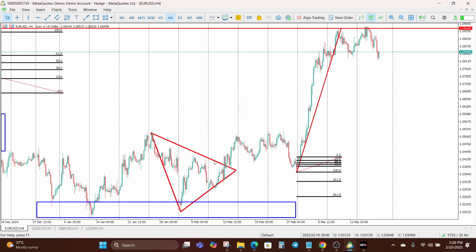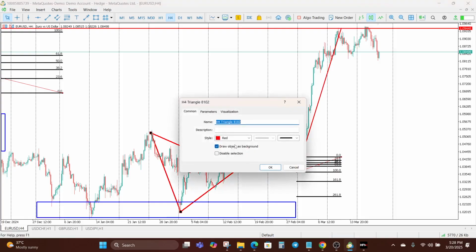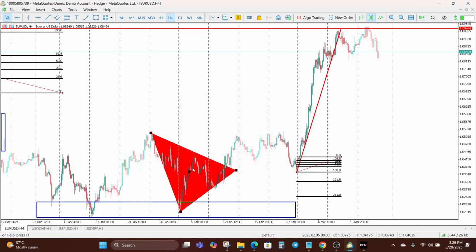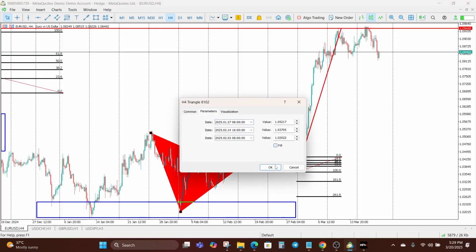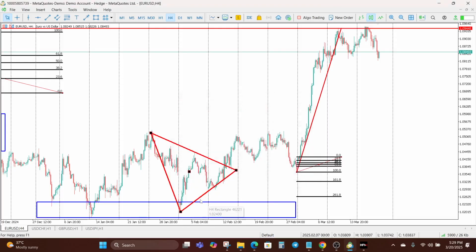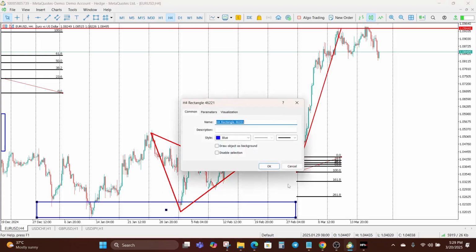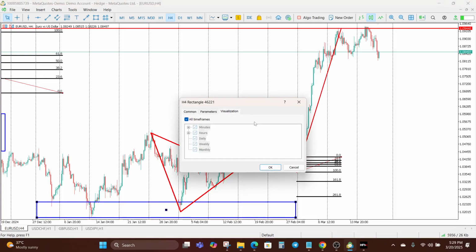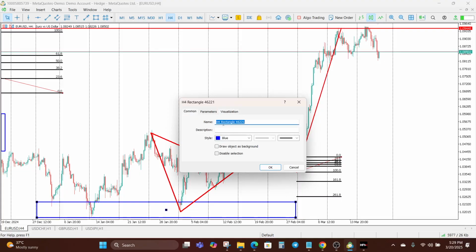It all depends on what you want to achieve, and you can also decide to fill it, if you wish. Same thing with the rectangle. If I want to fill the rectangle, I can also come here and decide to fill it.